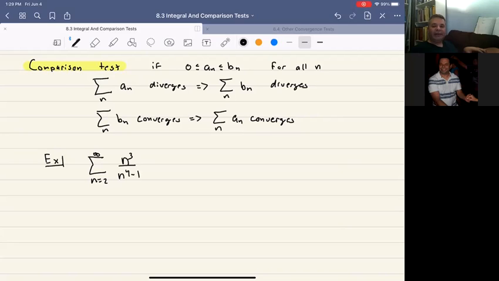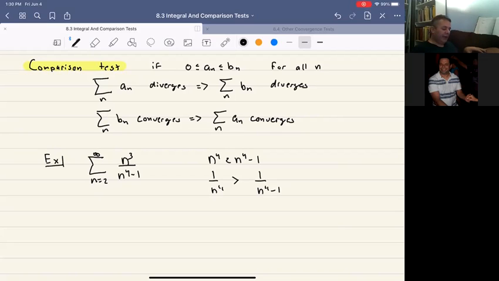Now n to the fourth is bigger than n to the fourth minus 1, right? No, smaller than, right? So 1 over n to the fourth is bigger than 1 over n to the fourth minus 1. Correct? Okay, so when you do that, you replace it.